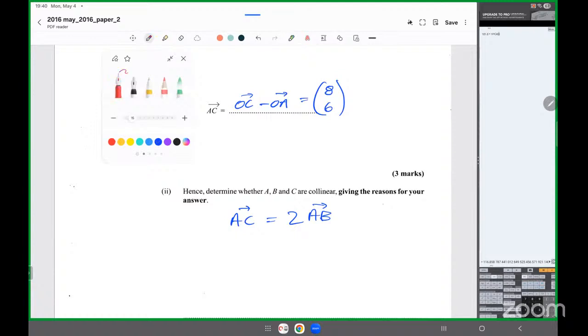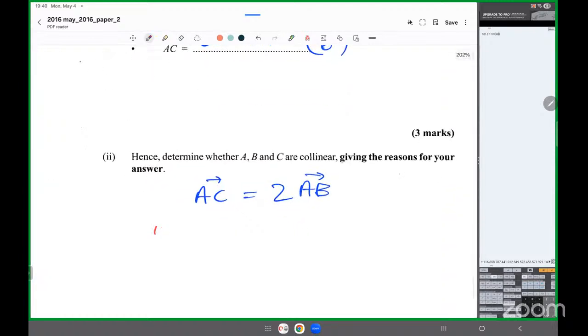So two things are happening here. First, AC is parallel to AB. That's the first thing I need for collinear points, parallel vectors.